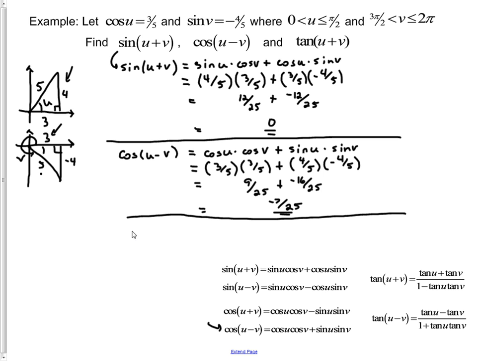All right. Now we've got the tangent of u plus v. And this is where we're going to have to use some different values than the ones we've been looking at. According to the formula, tangent of u plus v will be the tangent of u added to the tangent of v, divided by 1 minus the product of tangent of u times the tangent of v.